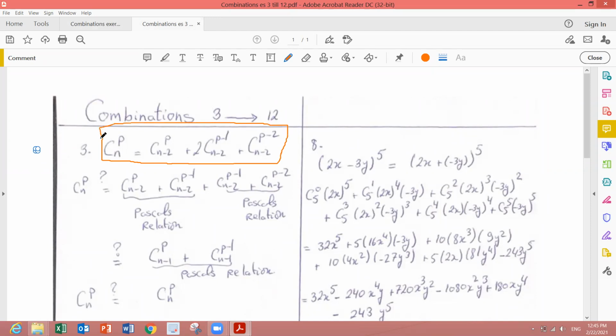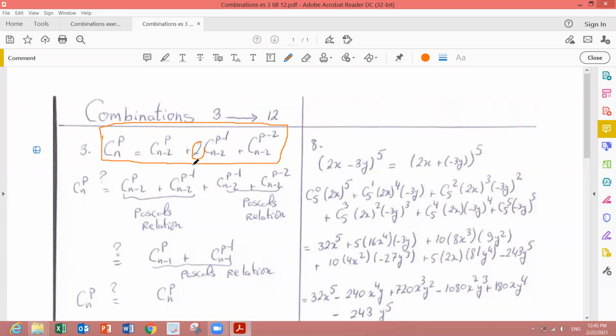I need to prove that the left side equals the right side. But I cannot add, since we have here the presence of 2. I can't add this one with that one, because of the 2. And I can't add the first one with the last one, because P and P minus 2 differ by 2. I cannot add them.